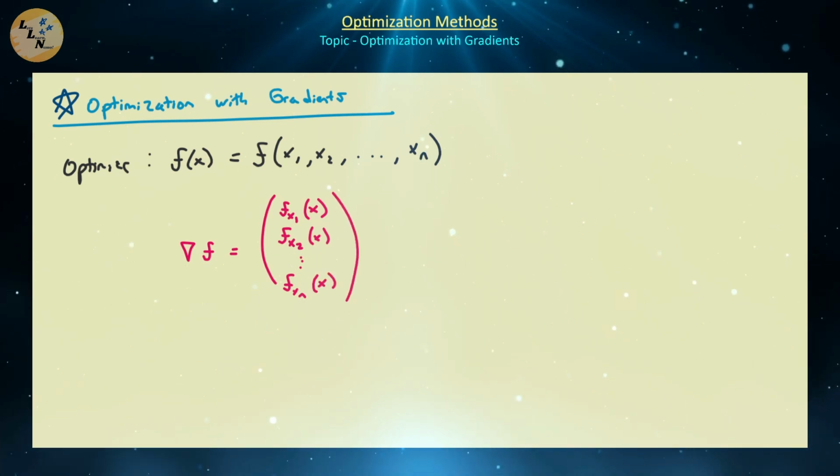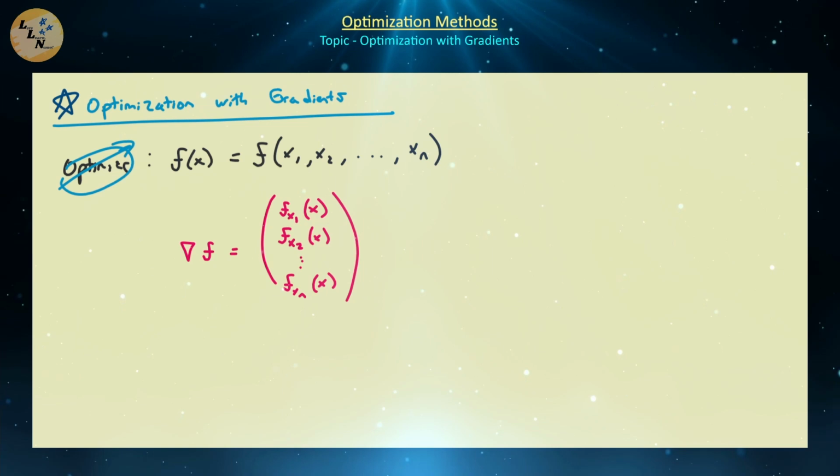This vector is always going to be pointing in the direction of the greatest change. So if we seek to maximize the function, then if we take the gradient at a particular point, the gradient should be pointing towards the direction of the optimal solution.